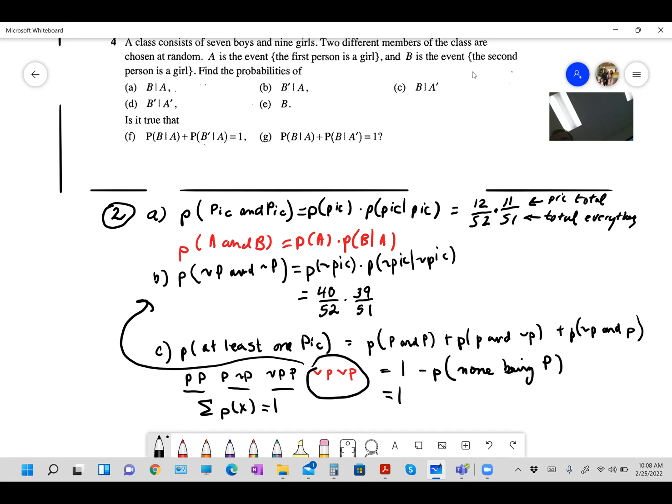So that's 1 minus the probability of not picture and not picture, which is what B is. It keeps you from having to do all of them.